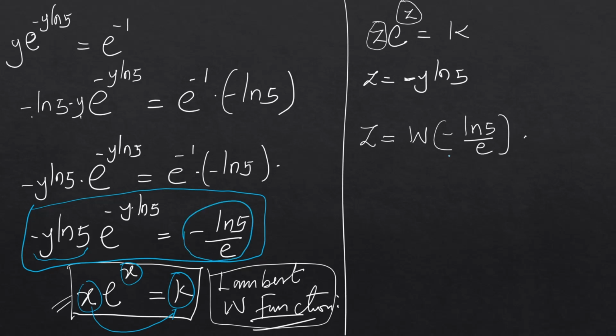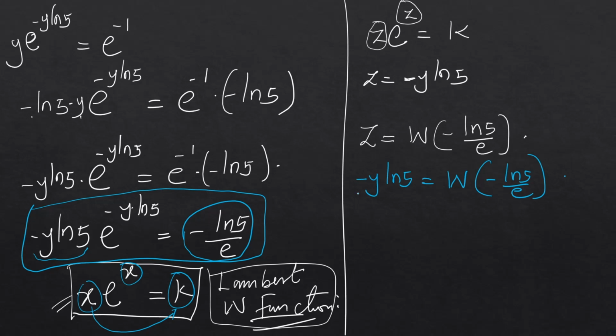Writing it in a different form, because I know what I called my W function, I'm going to have that minus y ln 5 is equal to the W function of minus ln 5 over e. That's not complete. Remember what I said from the beginning of this class? I have to find y.